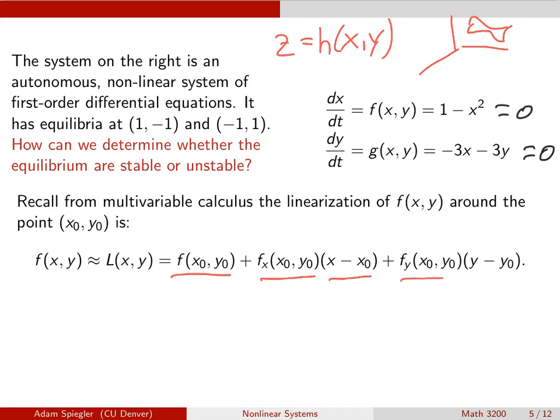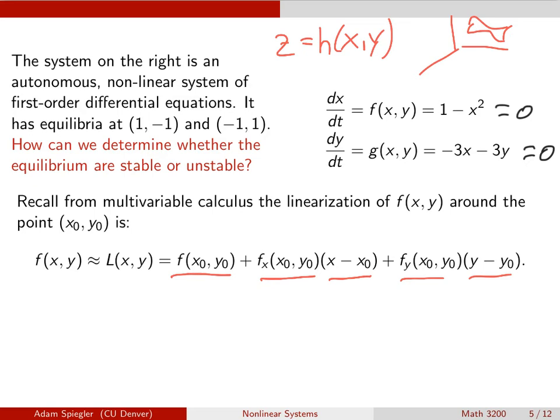Then we do the same with respect to y. Find the partial with respect to y, and then multiply that times y minus y0. That's what we would call the linearization for f of x. Keep in mind, you could go further. You could find the quadratic approximation for it and so on.